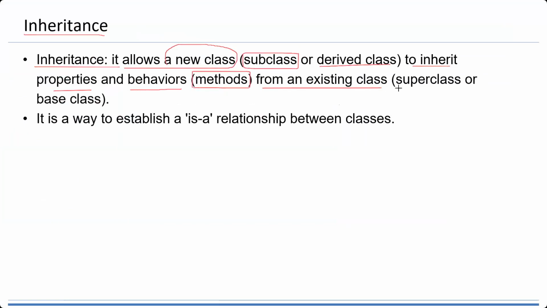The existing class, we call it superclass, or the base class. It is a way to establish a relationship between classes. So what does it mean? Let's see.